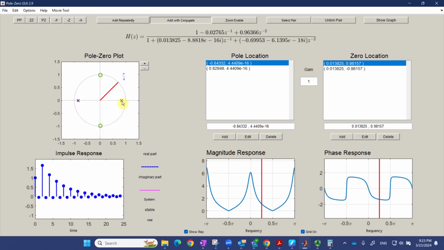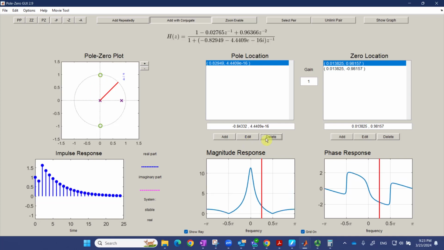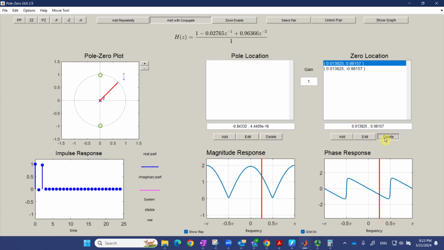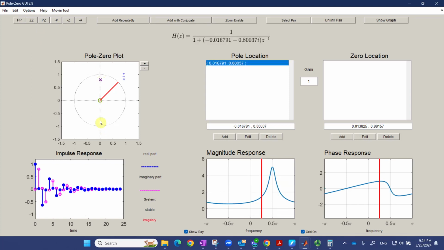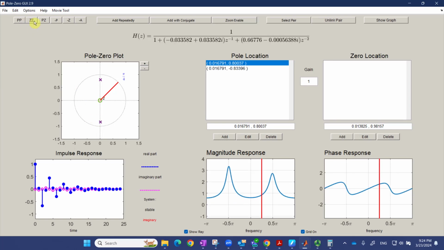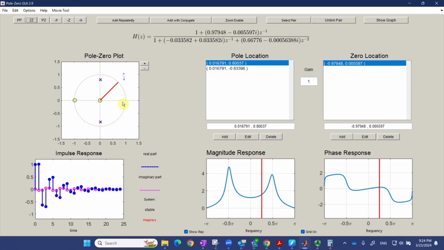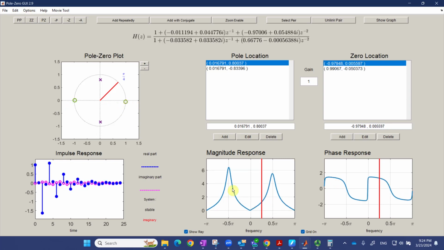If we change these locations, for example, we can put the pole vertically. I can put another pole here, and another zero here, second order. So you can see it's a band pass filter.